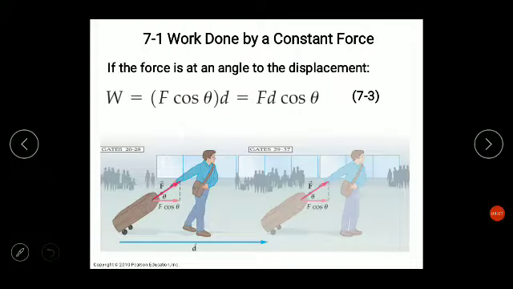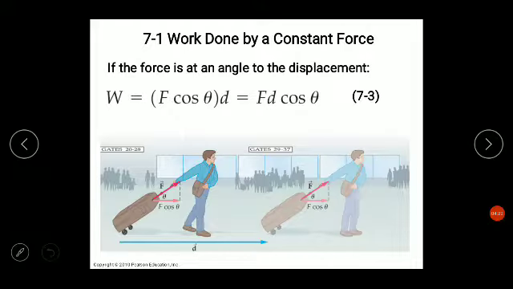If the force is at an angle: in the figure shown earlier, the man is pushing an object, and the force and the displacement are parallel. However, in this example, the force applied is at a certain angle.